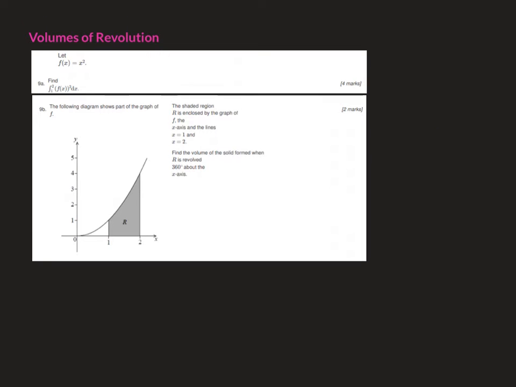In our first example, we're given the function f of x equals x squared. The first question that they want us to do is find the integral from 1 to 2 of f of x squared dx. So we can do that in this space. Integral from 1 to 2 of x squared with respect to x would be the same as the integral from 1 to 2 of x power 4 with respect to x.